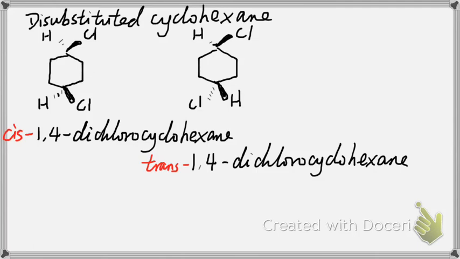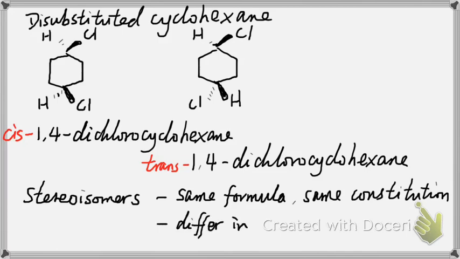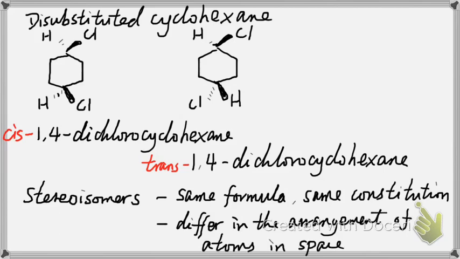So this type of isomers is different from the constitutional isomers that we have talked about before. And we call these isomers stereoisomers. Stereoisomers have the same formula, same constitution, or same connectivity, but they differ in the arrangement of the atoms in space.